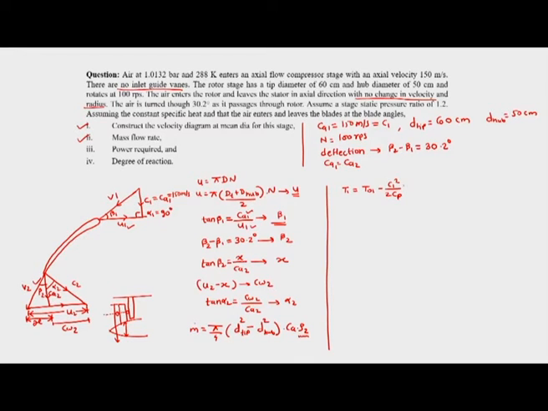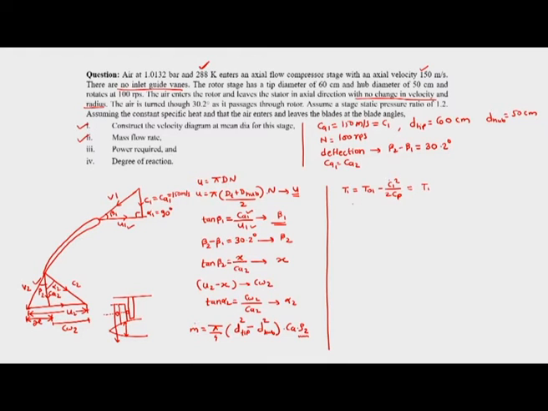So this formula is known to us. Here they are taking this as total temperature, and we are taking velocity as 150 meter per second. So knowing these two things, we can find out T1.